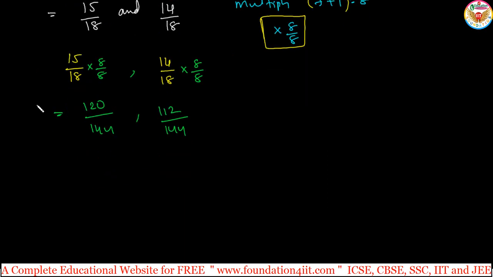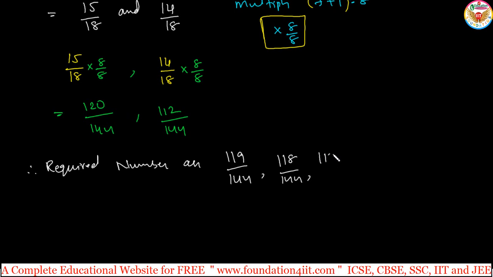The required 7 rational numbers, decreasing from 120: 119 by 144, 118 by 144, 117 by 144, 116 by 144, 115 by 144, 114 by 144, 113 by 144. These are the 7 rational numbers between them.